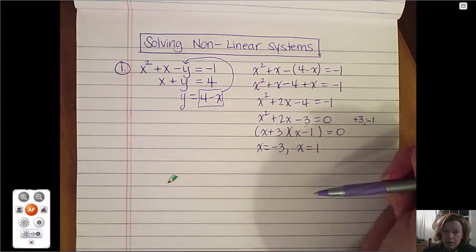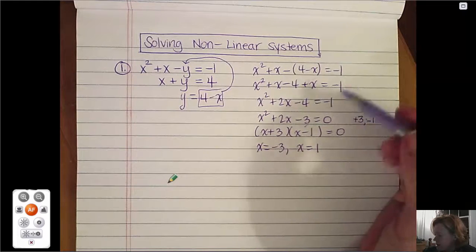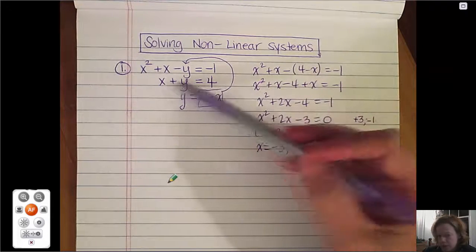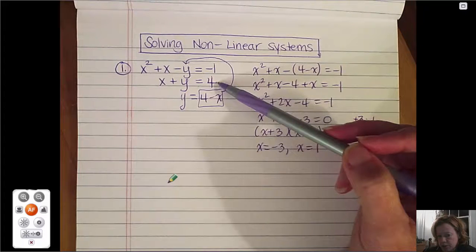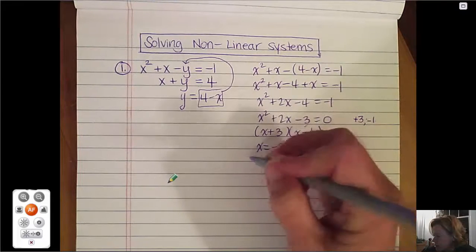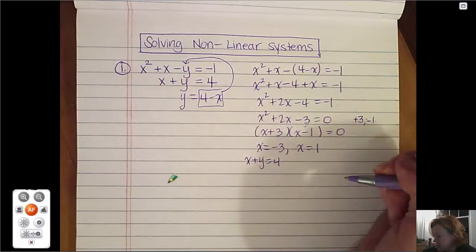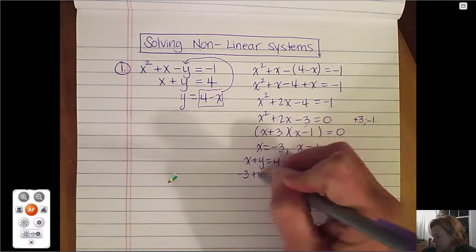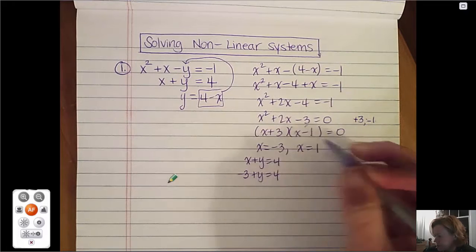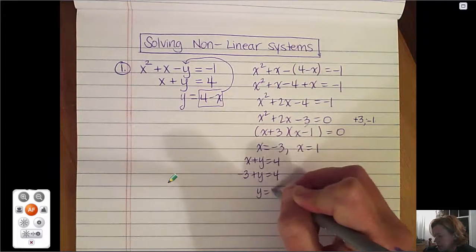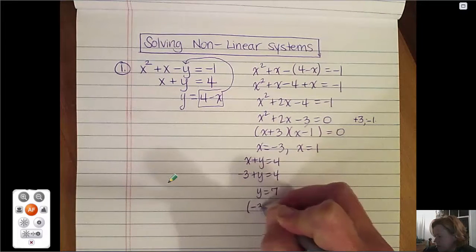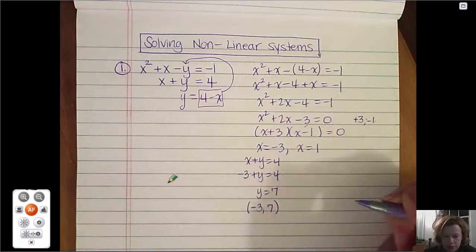It's a system, so I need both x and y. So I'll substitute into the simplest original equation to find my y value. So x plus y equals 4. Well, now I know that x is negative 3. So negative 3 plus y equals 4. Getting y alone, y is equal to 7. So negative 3, 7 is one of my solutions.